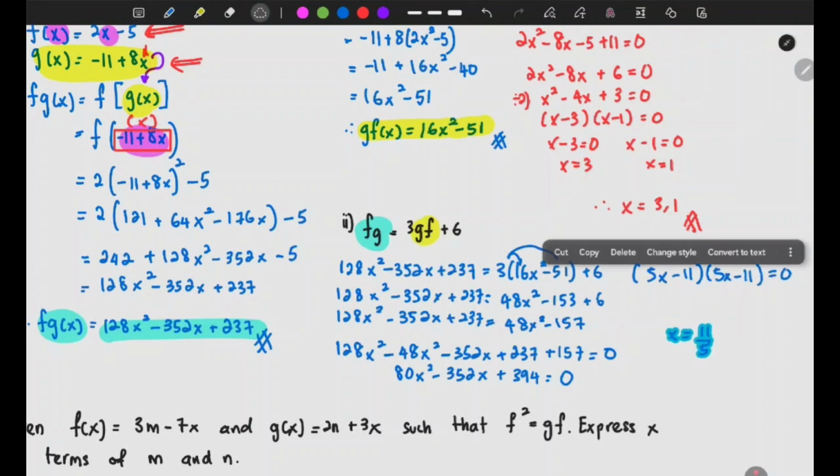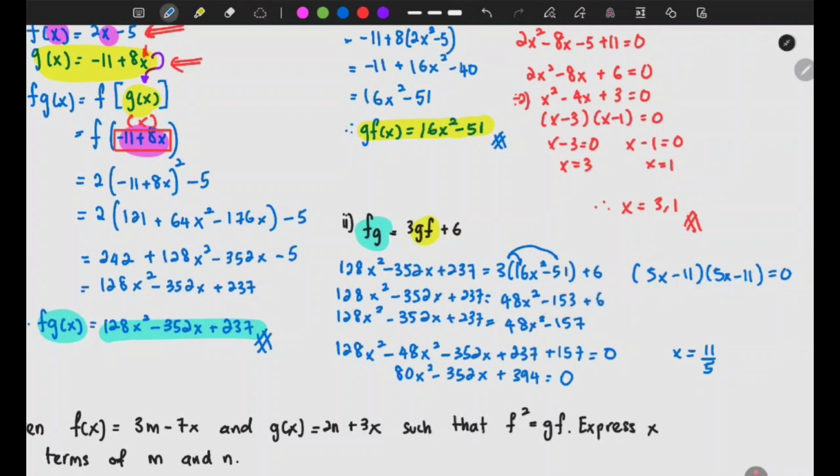Oh, also forgot for this, you can simplify this one. I think it can simplify by 4. 4, I don't think so. Wait, 2 can. Yeah, 394 divided by 2 is 197. 352 divided by 2 is 176. 80 divided by 2 is 40x squared.